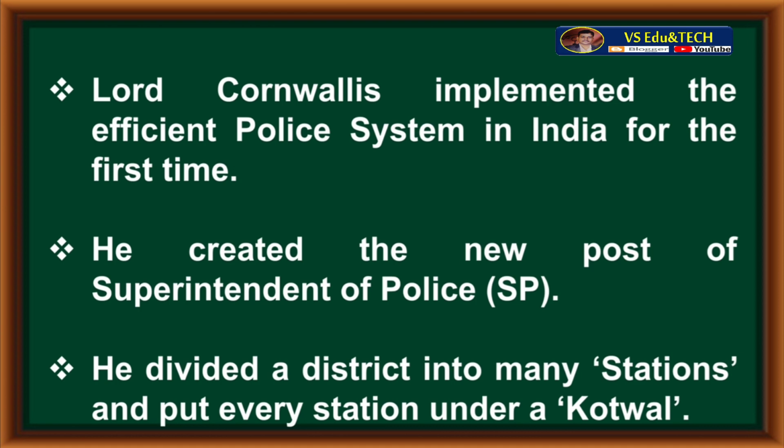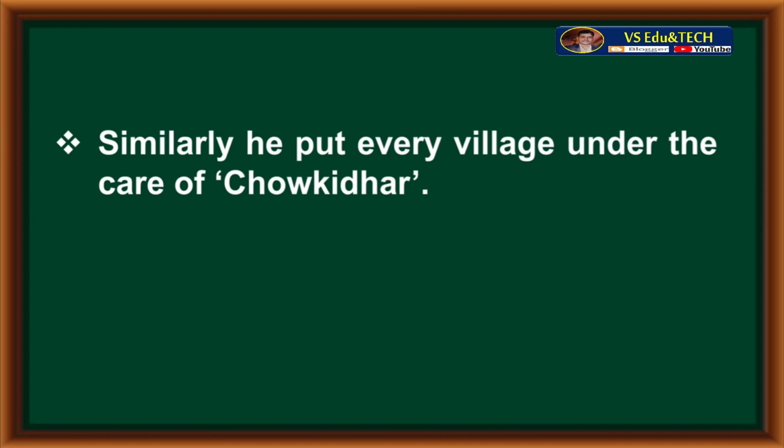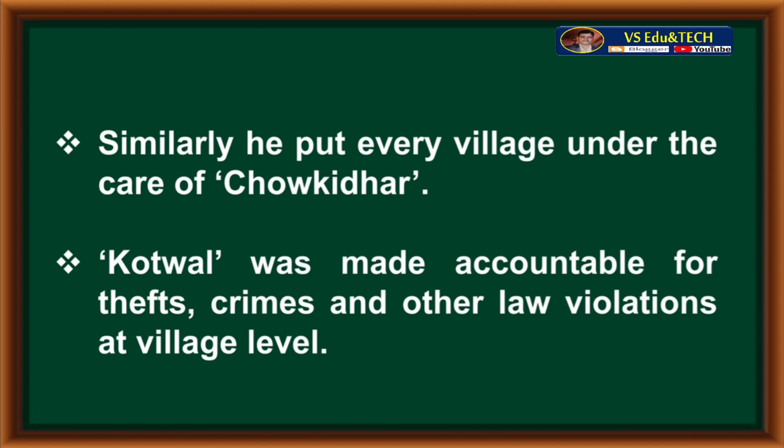He divided a district into many stations and put every station under a kotwal. Similarly, he put every village under the care of a Chowkidar. Kotwal was made accountable for thefts, crimes and other law violations at village level.